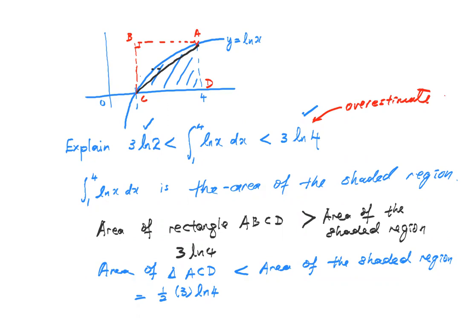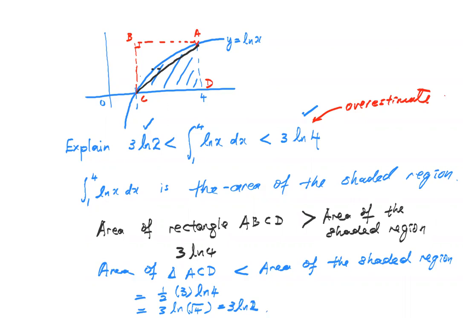So what is it? Is it testing you on some of the ln idea? That is 4 to the power of half. That is 2. So I got that. Do you see?